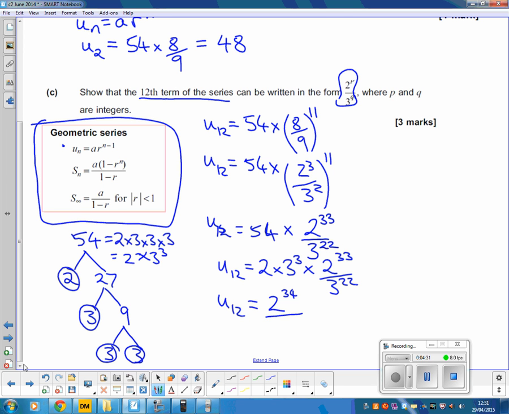On top of our fraction we've got 3 cubed, and on the bottom we've got 3 to the 22. So that leaves us with 3 to the 19 after we've cancelled our 3s on the bottom of the fraction. And so there it is, written in the form required. 2 and 3, and p and q are integers.